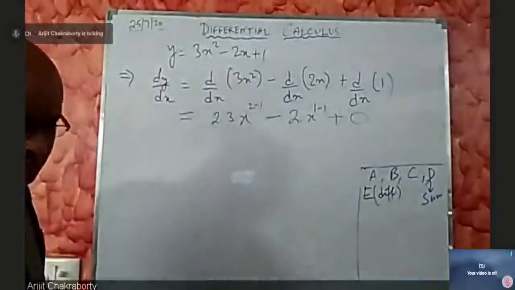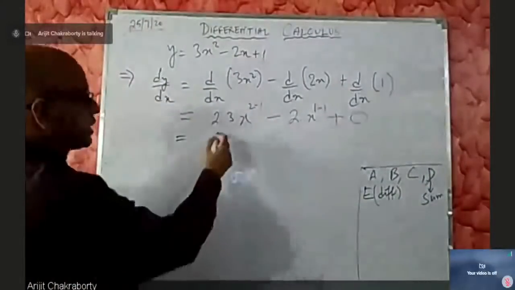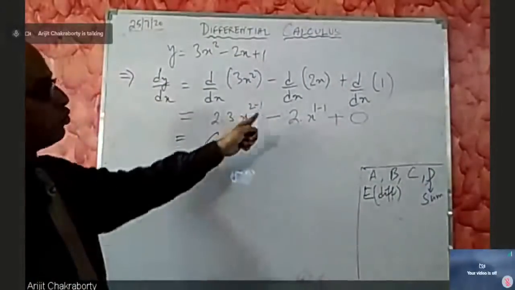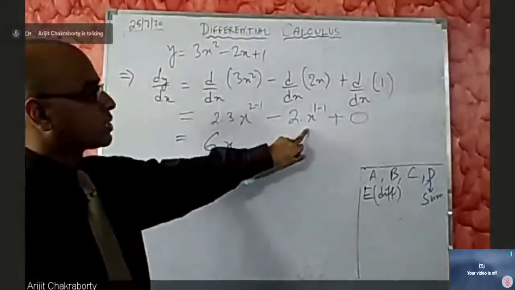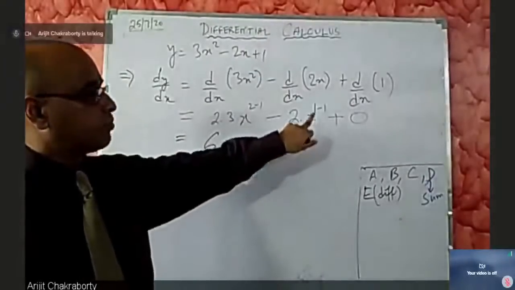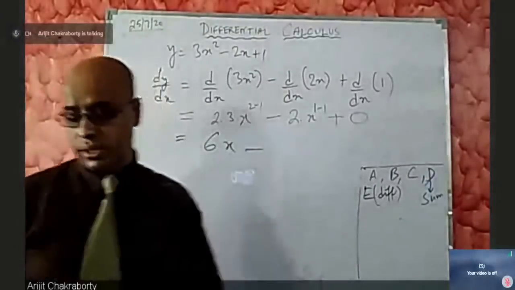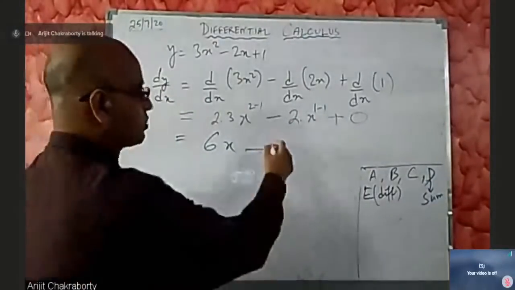So this simplifies to 2 into 3 is 6, x to the power 2 minus 1, that is x, minus 2 into x to the power 1 minus 1. So it becomes 2 into anything to the power 0, which we know is 1. So x to the power 0 is 1, so it becomes minus 2.